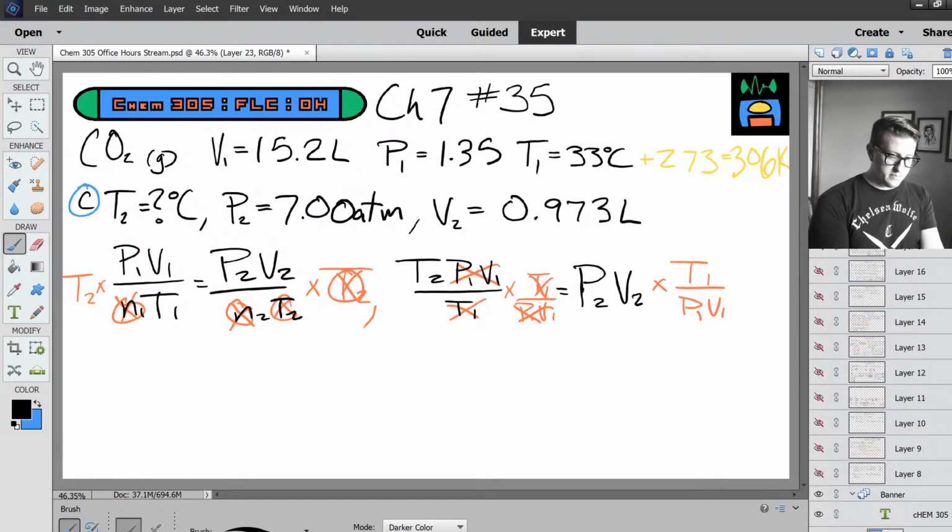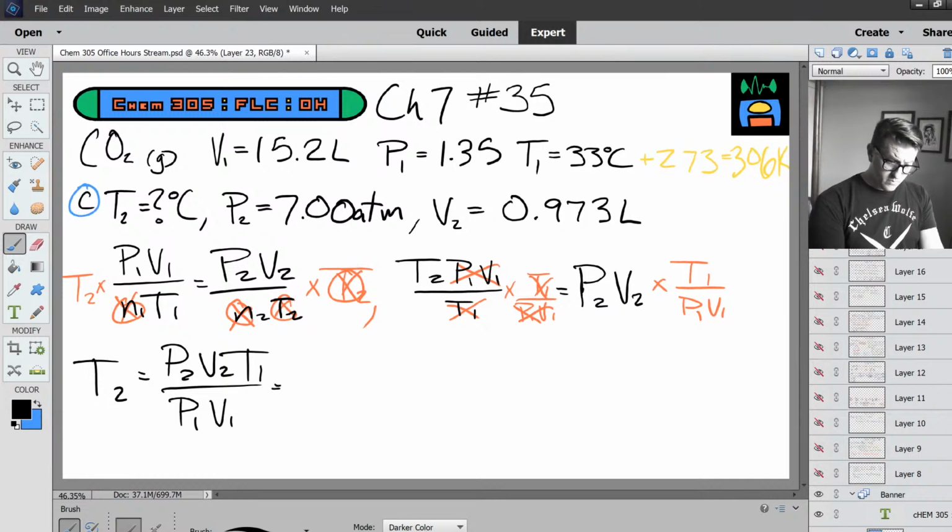So our final temperature is equal to P2 V2 times T1 over P1 V1. We can plug all these in. Our final pressure is 7.00 atmospheres. Our final volume is 0.973 liters.